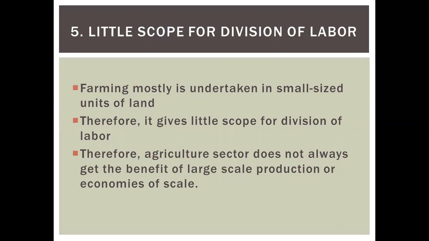But division of labor cannot be practiced accurately in the agriculture sector. Farming is mostly undertaken in small units of land, where you have no room for division of labor. Therefore, the agriculture sector does not always get the benefit of large scale production or economies of scale.